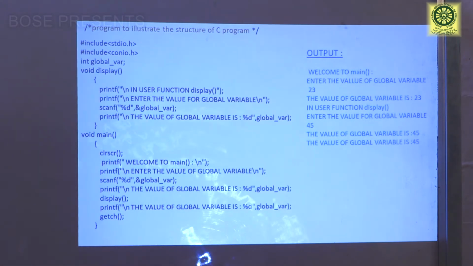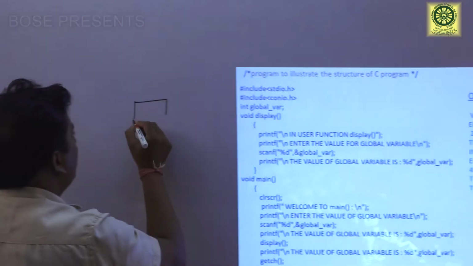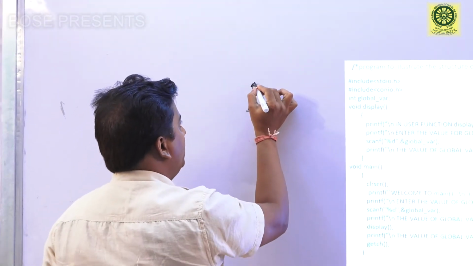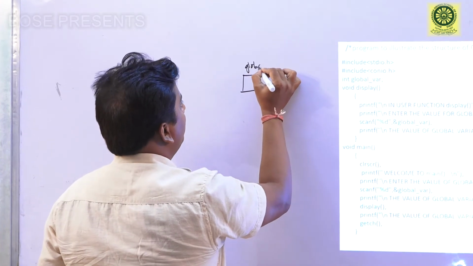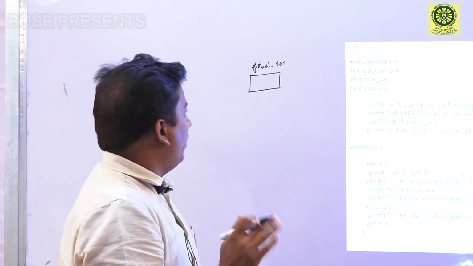Then in the third line it is written as int global_var. That means here I have declared a global variable. This line is known as a variable declaration. This means a memory location will be associated with this program and the name of that memory location will be global_var.